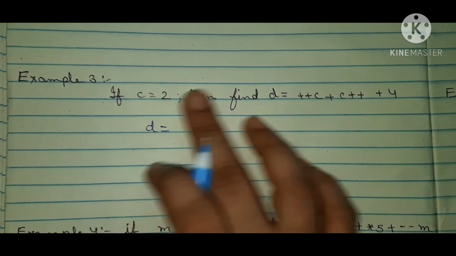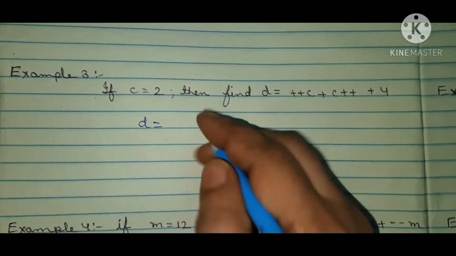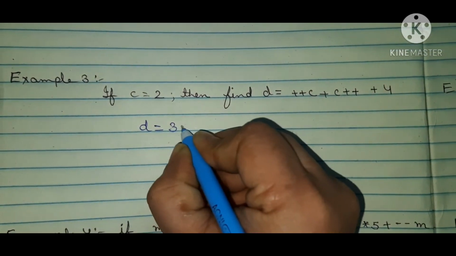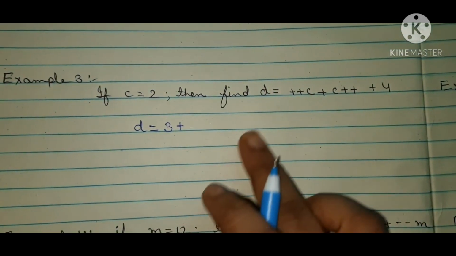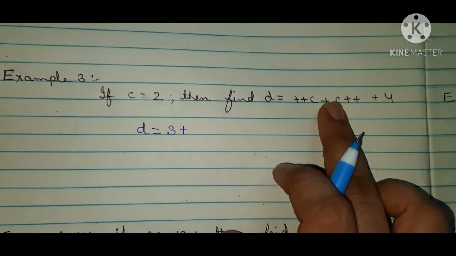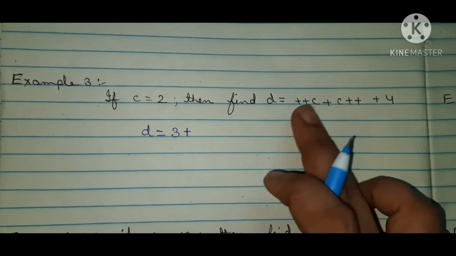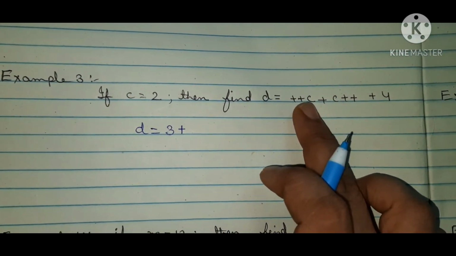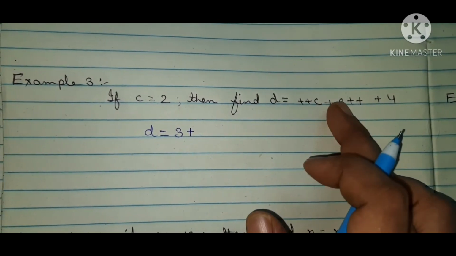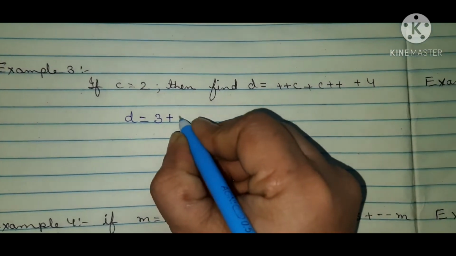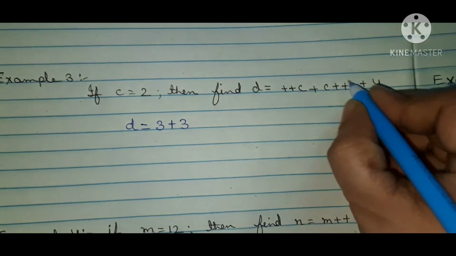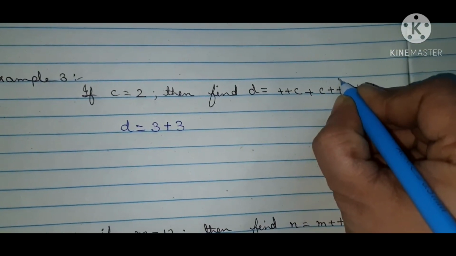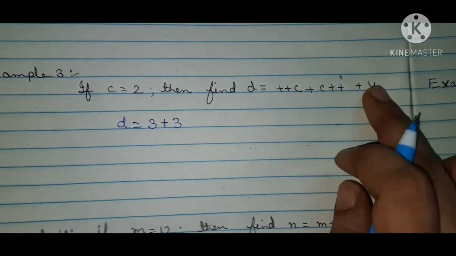So 2 it was, then ++c, so it became 3. Then we'll write plus. Then for c++, first we'll write and then increase. So now the value of c is 3, so here also the value of c will be 3. Then it has increased to 4.